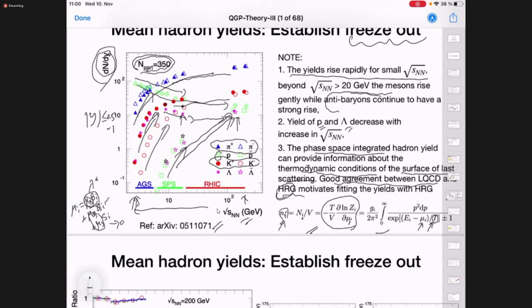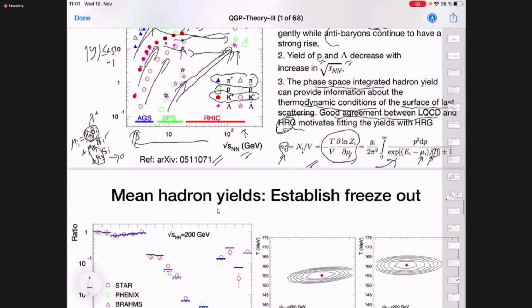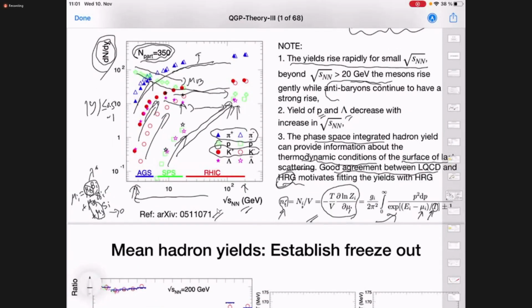Now, if you correlate with this model, and if you assume that this model could be giving a good description of this, what it implies is that the temperature and the mu B should be varying differently. And we will come to that. Only then can you manage to explain such different trends of different species, of pion from proton, because the mu B doesn't enter the pion.